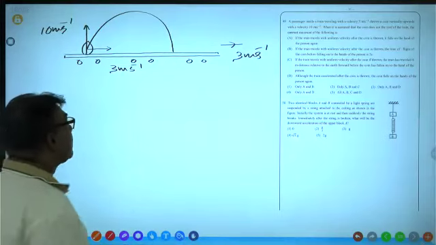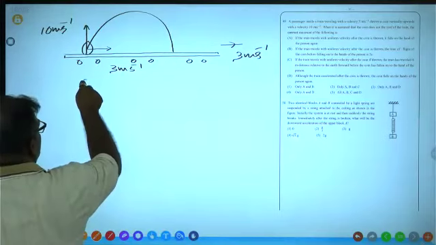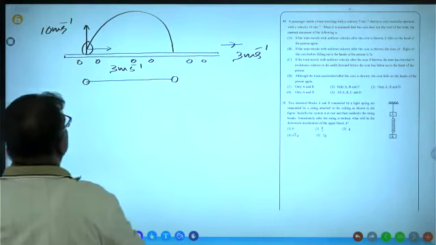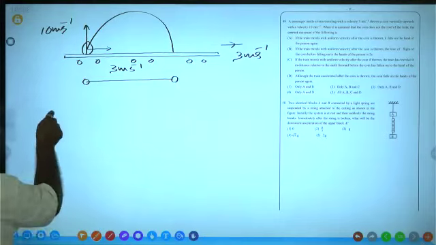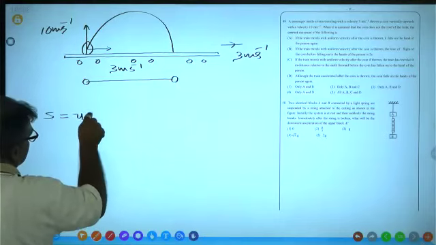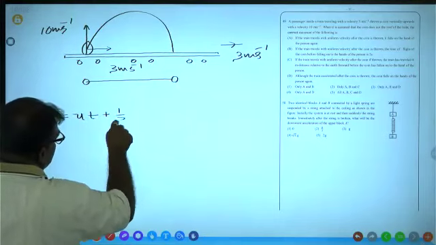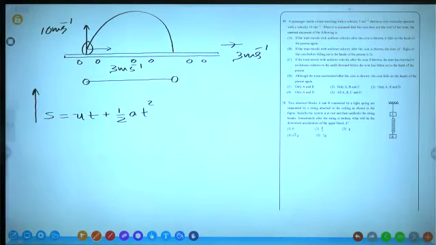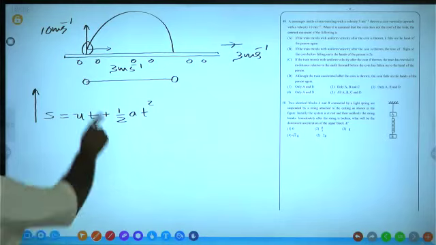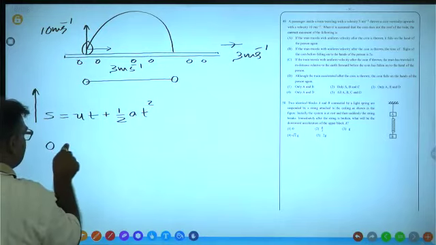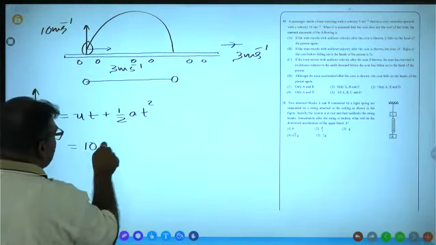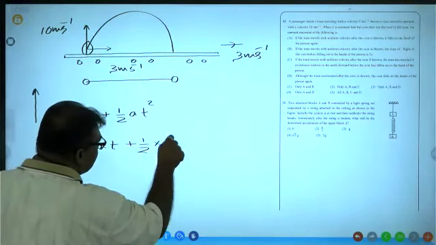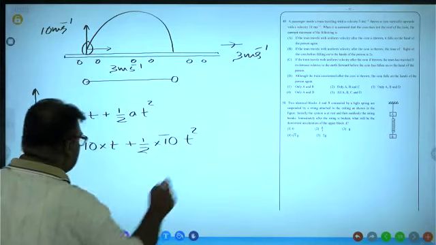Yes. Why? The train travels from here to here by a certain distance. By applying s = ut + half at squared, we can find the time of flight. s is 0, u is 10, time is t, plus half acceleration minus 10 t squared.